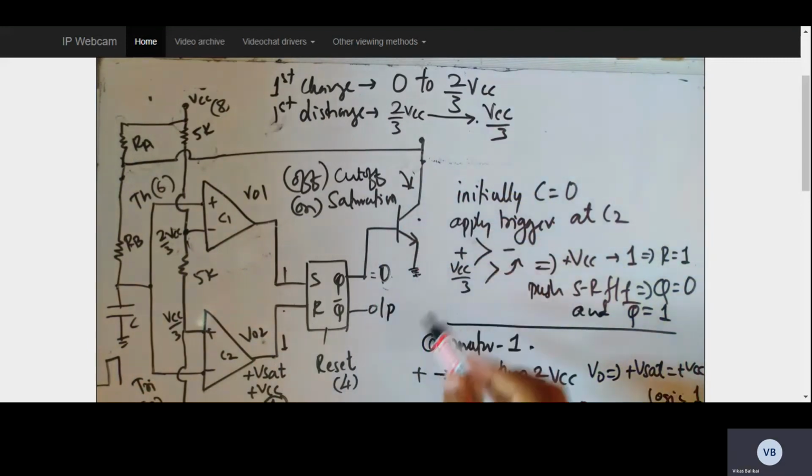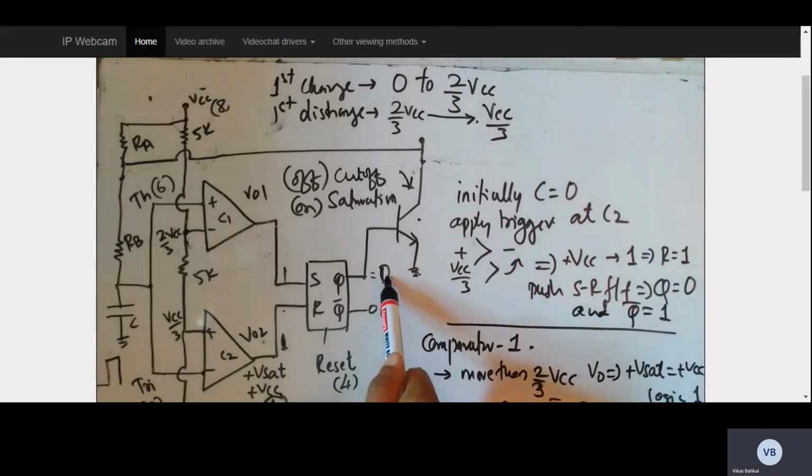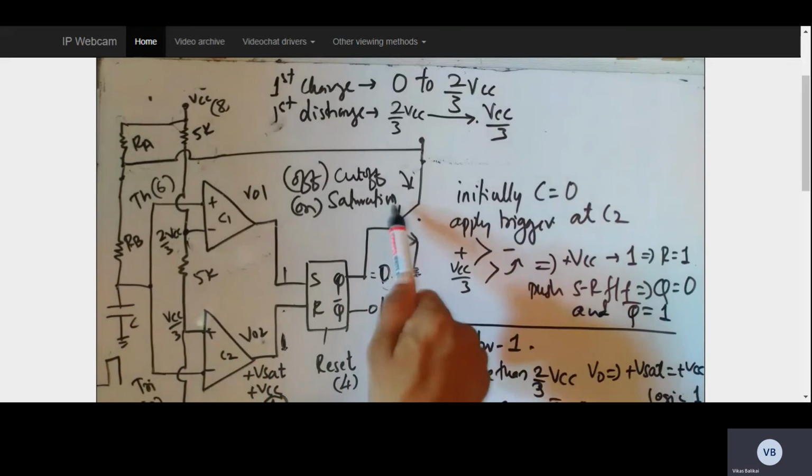So the moment the output of comparator 2 is 1, when is this going to happen? This is going to happen during the discharge phase. The moment the capacitor is discharging, the comparison here will result in this potential being at the highest value, and as a result I'm going to get the value as 1. So this 1 will ensure my output Q will be 0, and that will ensure this is in the off state, behaving as an open switch, and because of this charging occurs again.